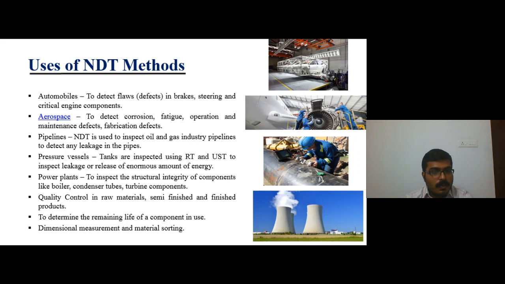Also in power plants, we can use it for inspection of boilers, condenser tubes, turbine components and so on. This method can also be used for quality control of raw materials, as I have mentioned, then semi-finished and finished products. So the testing procedure starts from the raw material stage itself, and from the raw material stage to the finished product stage, we can use non-destructive testing.